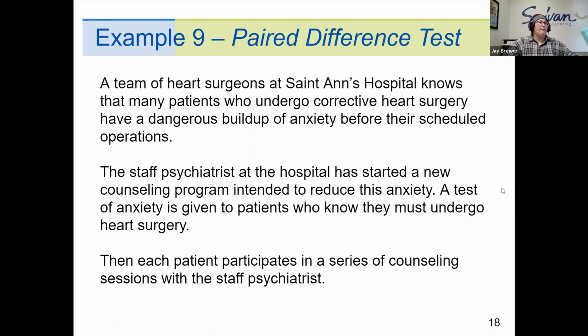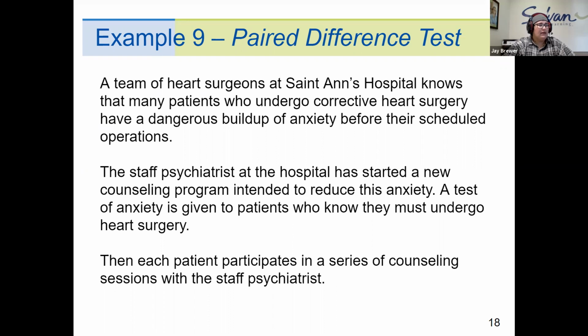All right, Example 9, paired difference test. A team of heart surgeons at St. Anne's Hospital knows that many patients who undergo corrective heart surgery have a dangerous buildup of anxiety before their scheduled operations. The staff psychiatrist at the hospital has started a new counseling program intended to reduce this anxiety.